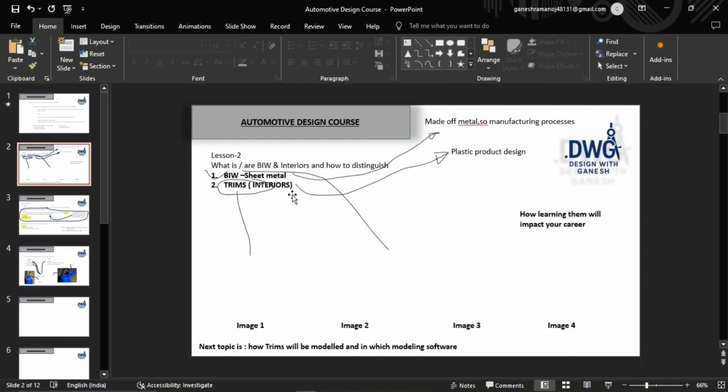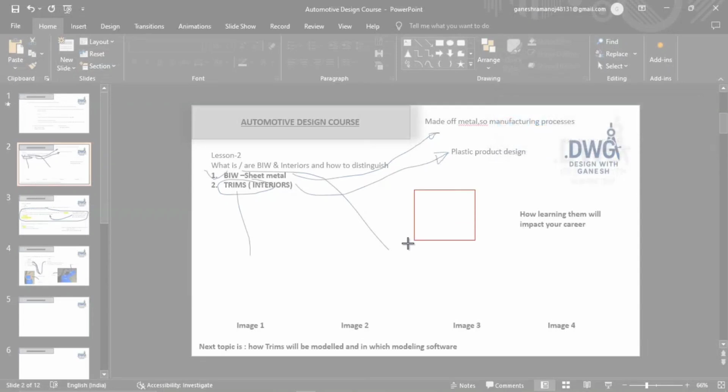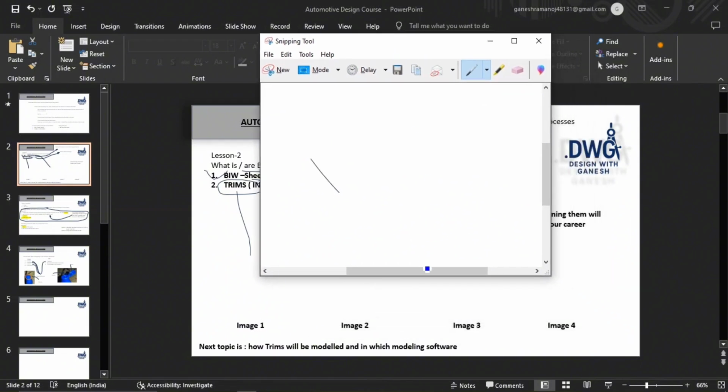There is another process which we call injection molding, which doesn't take too much. Let's take one like this, and I'll tell you what injection molding means.